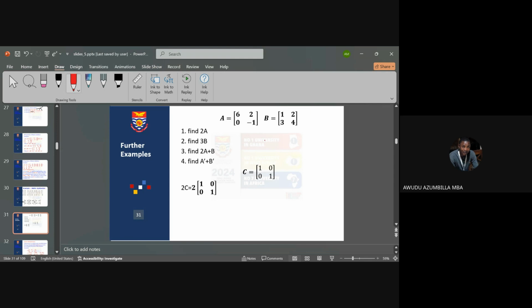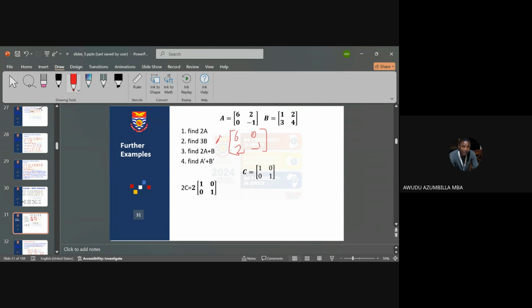Transpose means changing columns to rows and rows to columns. So here you have to write this one vertical: you have 6 and 2. And also write this one vertical: you have 0 and minus 1. So this one becomes the transpose of A.